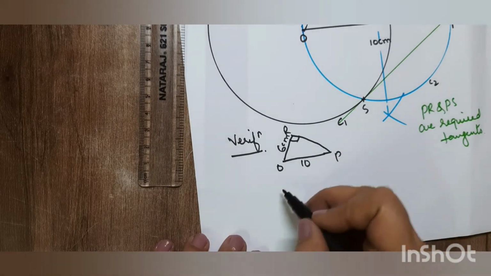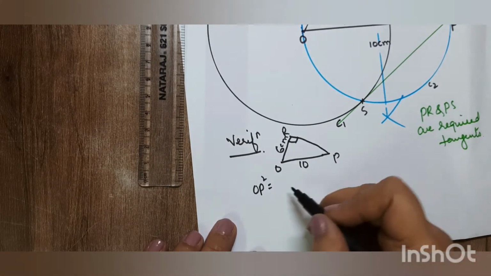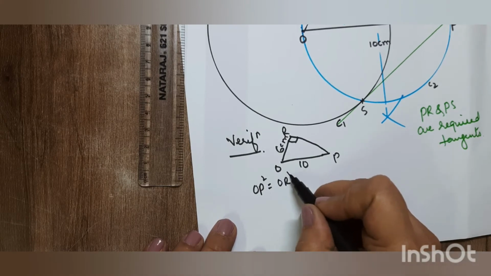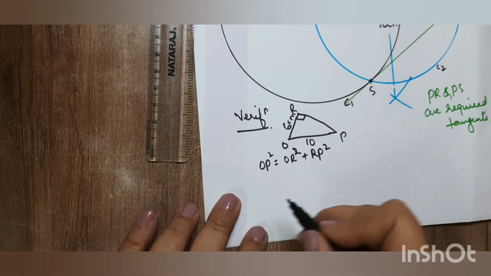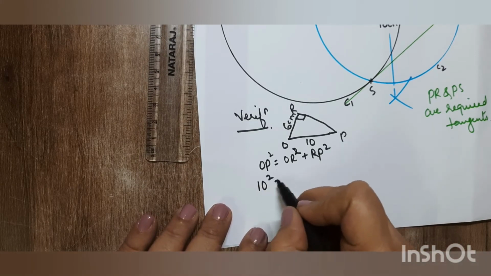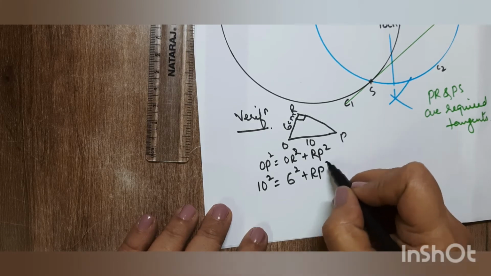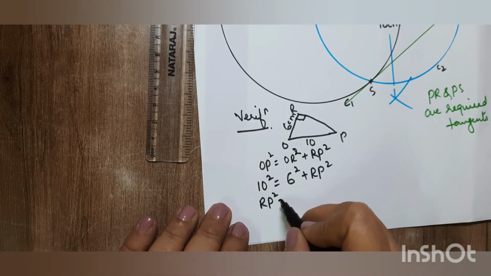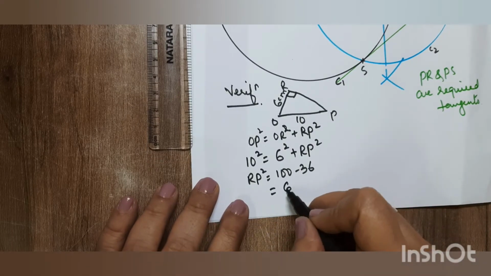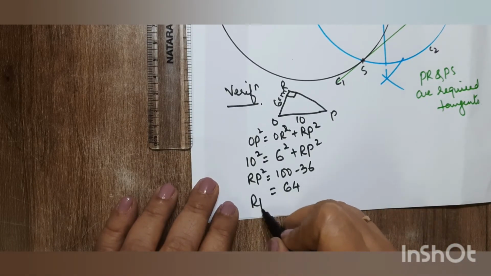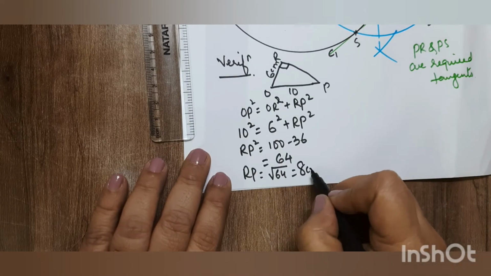Now, according to the Pythagoras theorem, OP square is equal to OR square plus RP square. So OP square here is 10 square equal to 6 square plus RP square. So RP square is equal to 100 minus 36, that is 64. So we get RP equal to the square root of 64, that is 8 centimeters.